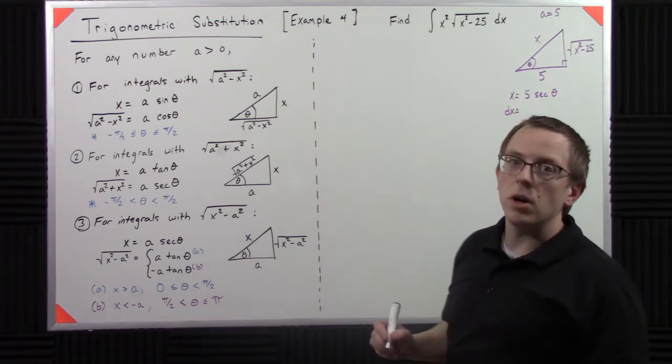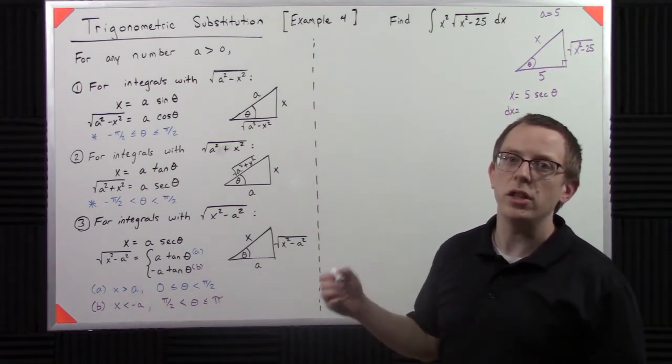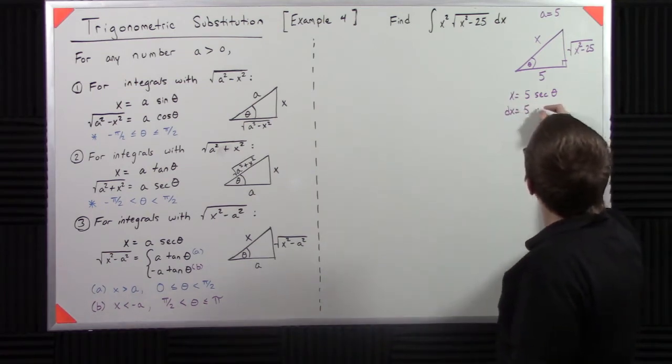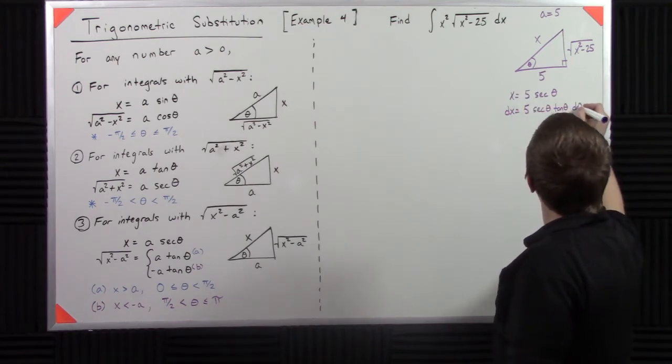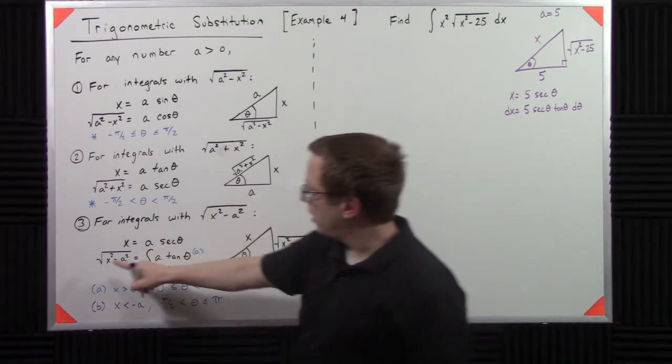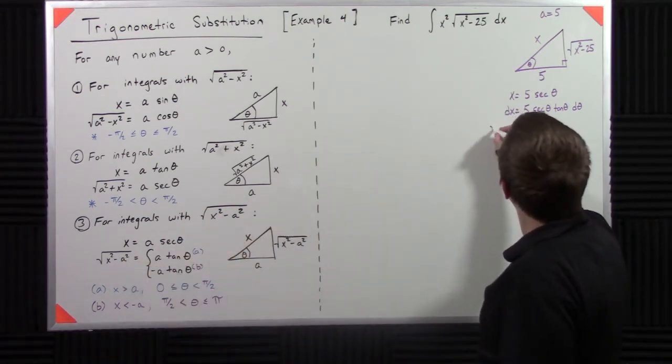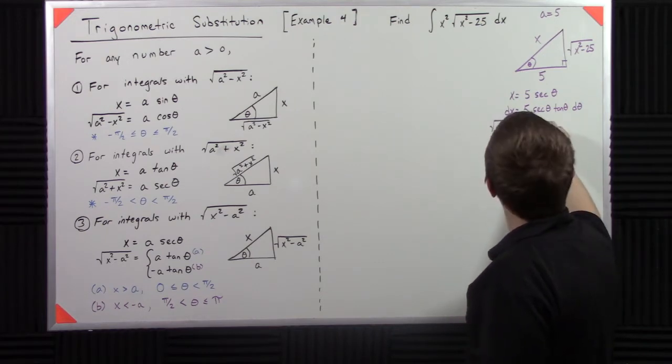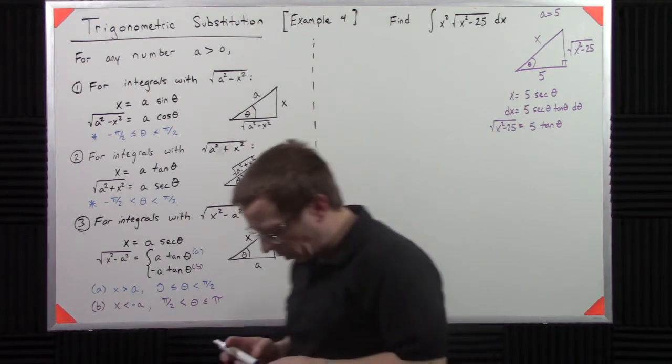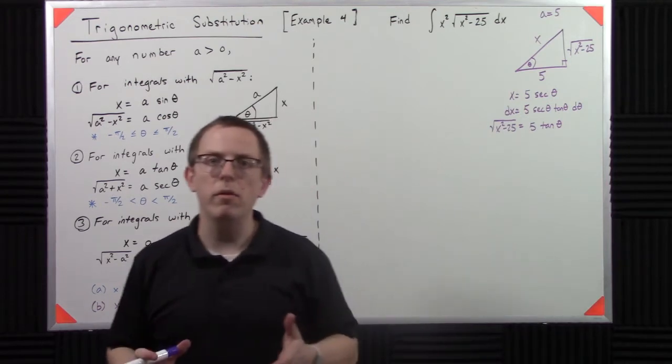So dx becomes 5 secant theta tangent theta d theta. And then this quantity here, square root of x squared minus 25, is 5 tangent theta. Okay, so now we have all the pieces.